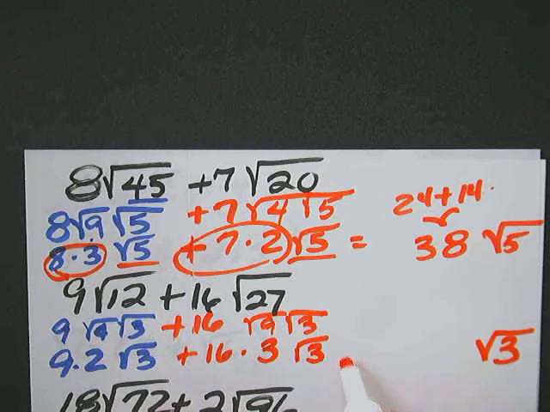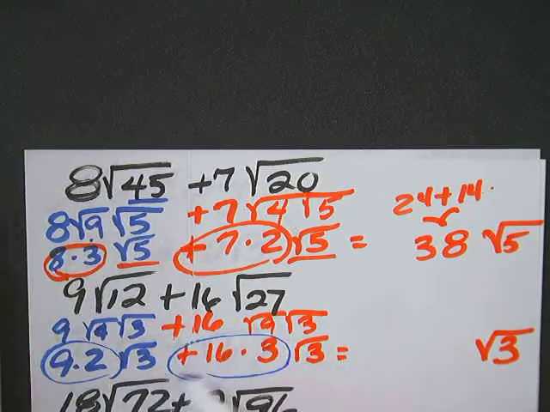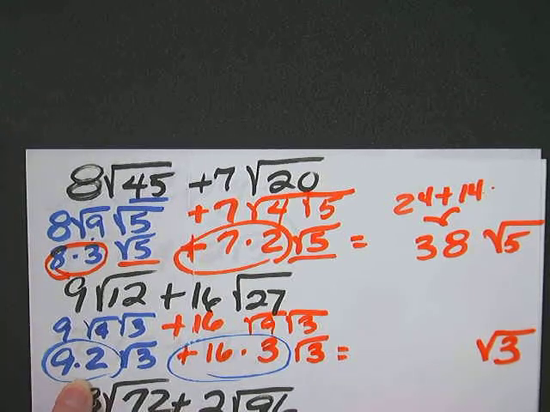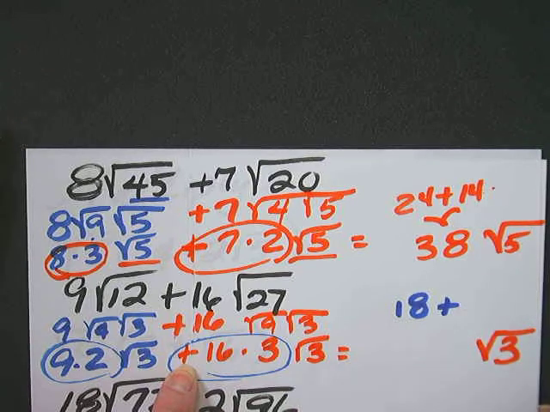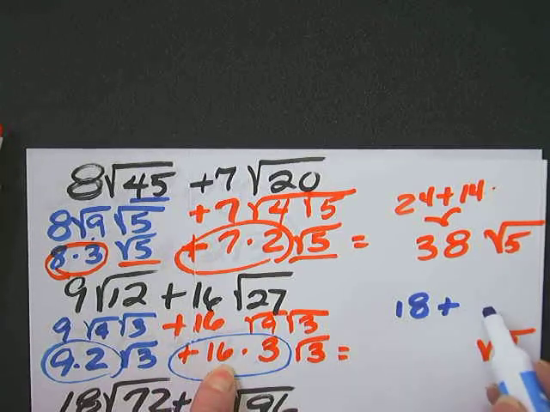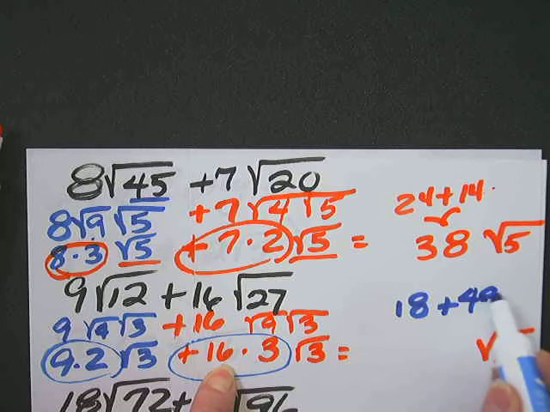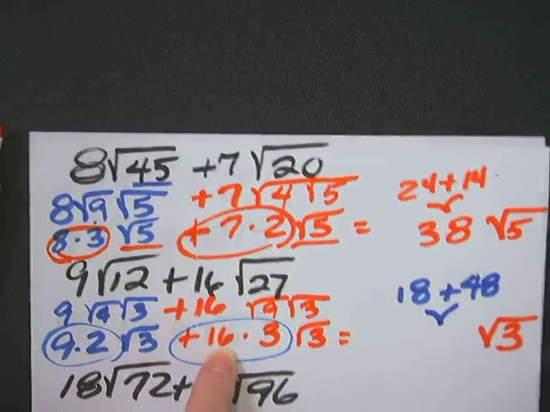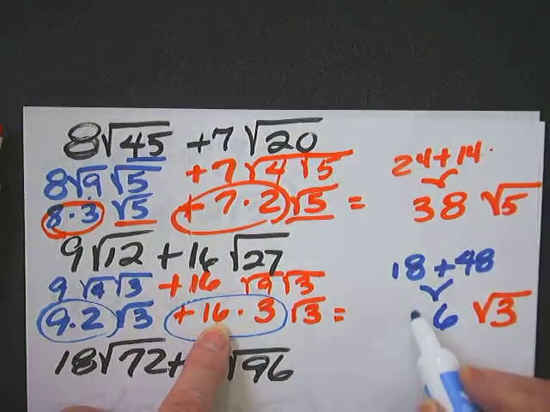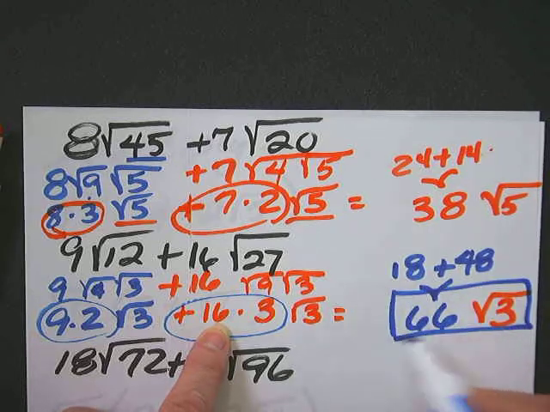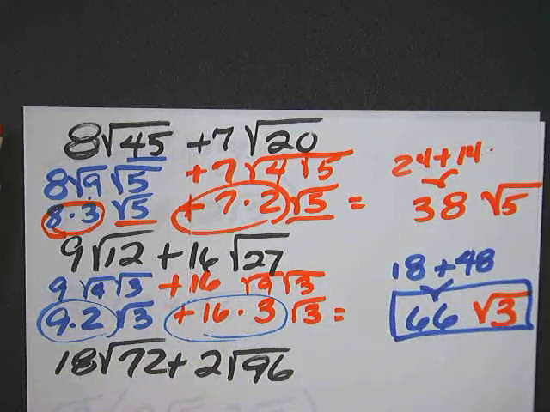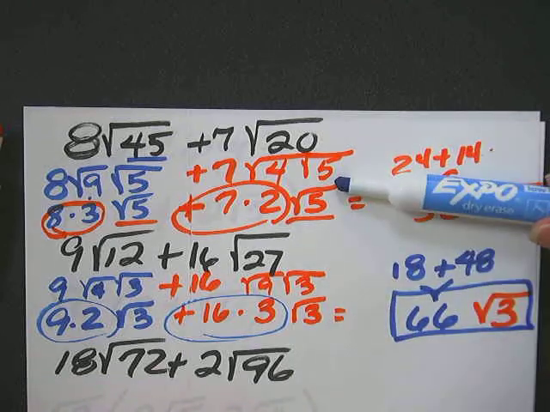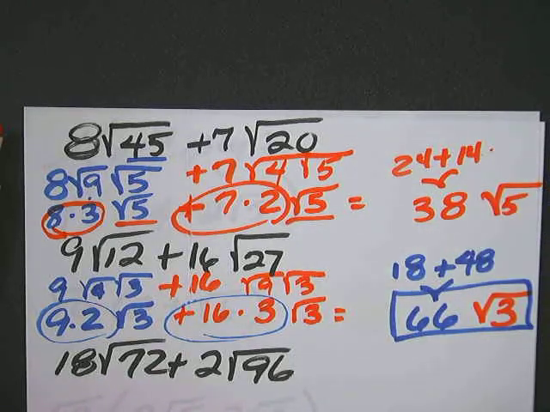Okay, 16, square root of 9 is 3. So we know our answer will be in square root of 3, right? So our coefficients are 9 times 2 is 18, plus 16 times 3 is 48, which gives us 66 square root of 3.